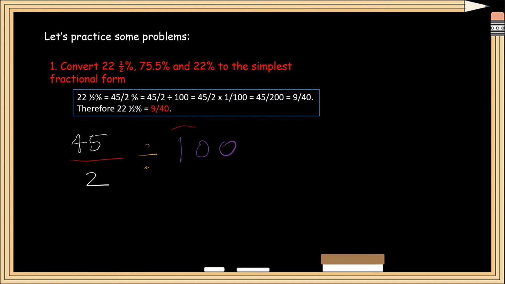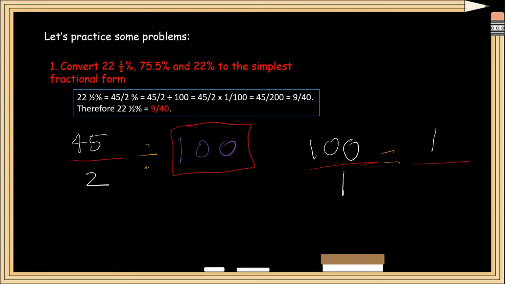So in this case it is 100. When we write 100 in fractional form, it is 100 by 1. Now the reciprocal is equal to 1 by 100.